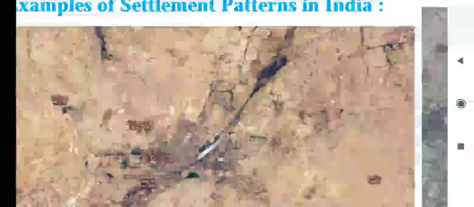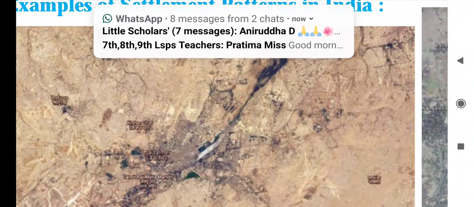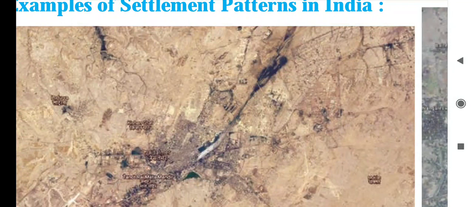So in the Himalayan region, it is too cold. In some parts of Gujarat, the western and northern sides, we can find desert regions. Due to the desert, people will not get land for agriculture.